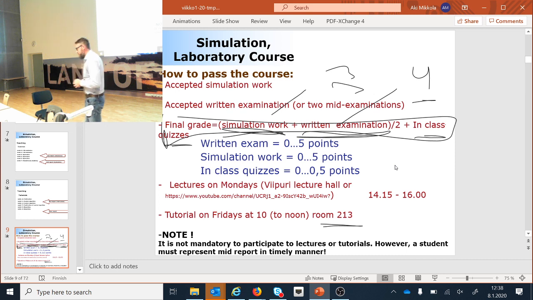Now, when saying timely manner, what we learned from the previous semester was that sometimes there are problems. Sometimes life is hard, and you're unable to meet the deadlines. This can happen. But if you can let us know prior to the deadline that you're facing difficulties and are unable to do it within this timeline, and ask for an extension, we can provide you an extension.